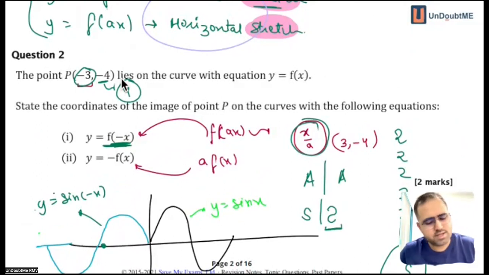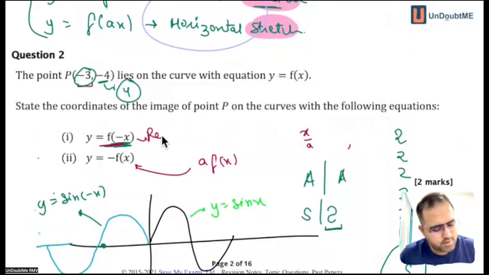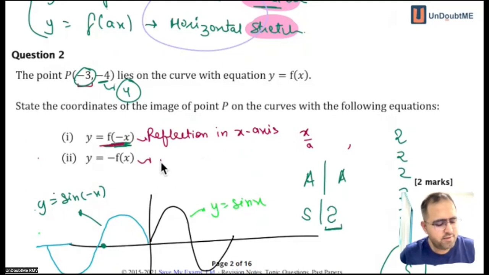So can I just conclude that f of minus x is reflection in the y-axis and minus fx is reflection in the x-axis.